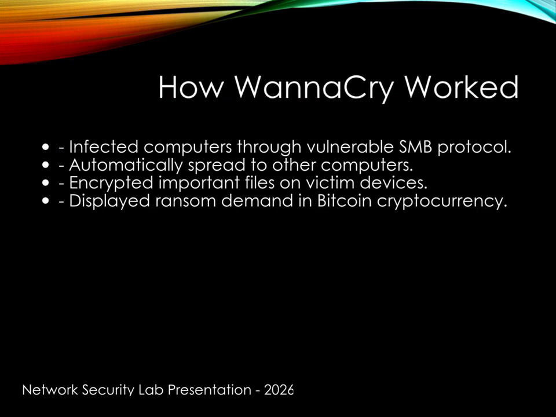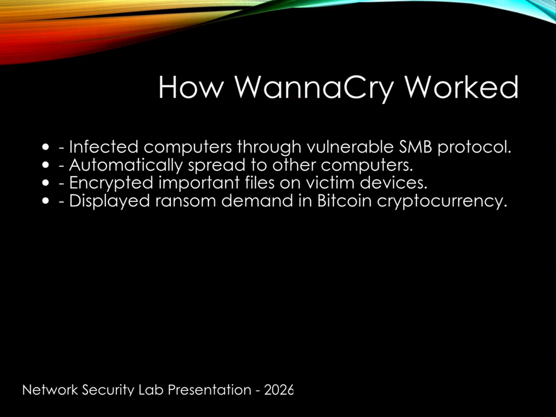How did WannaCry work? First, it targeted computers running outdated versions of Windows that still had the vulnerable SMB protocol enabled. Once inside, it did not stop at just one machine, it scanned the network and spread to other vulnerable systems.